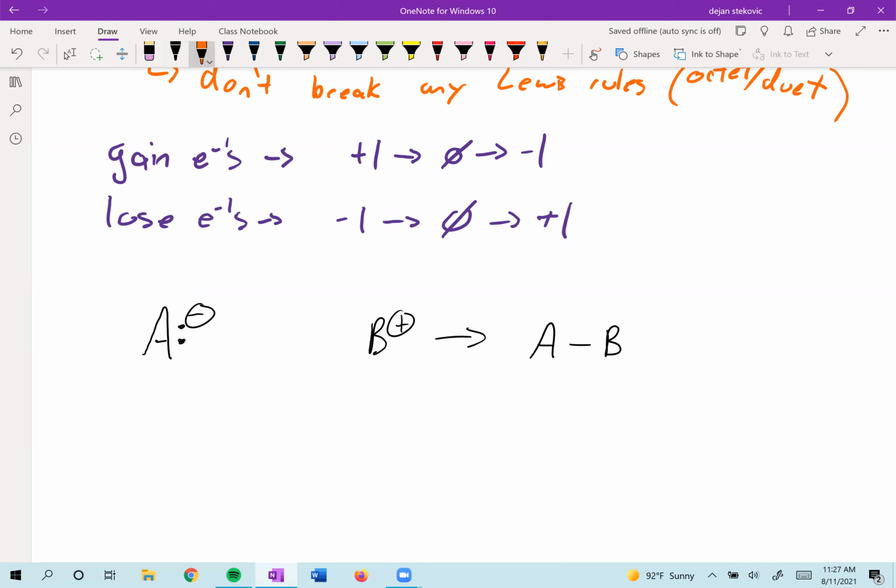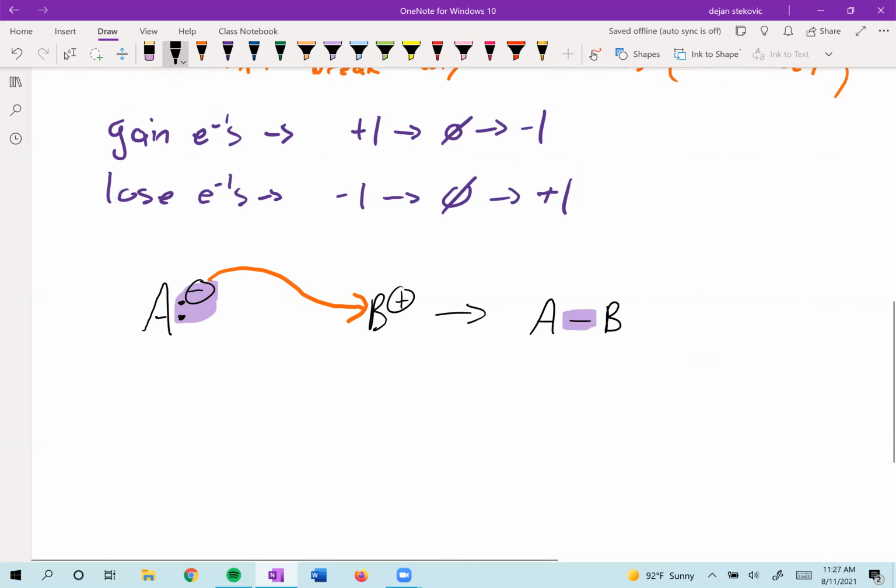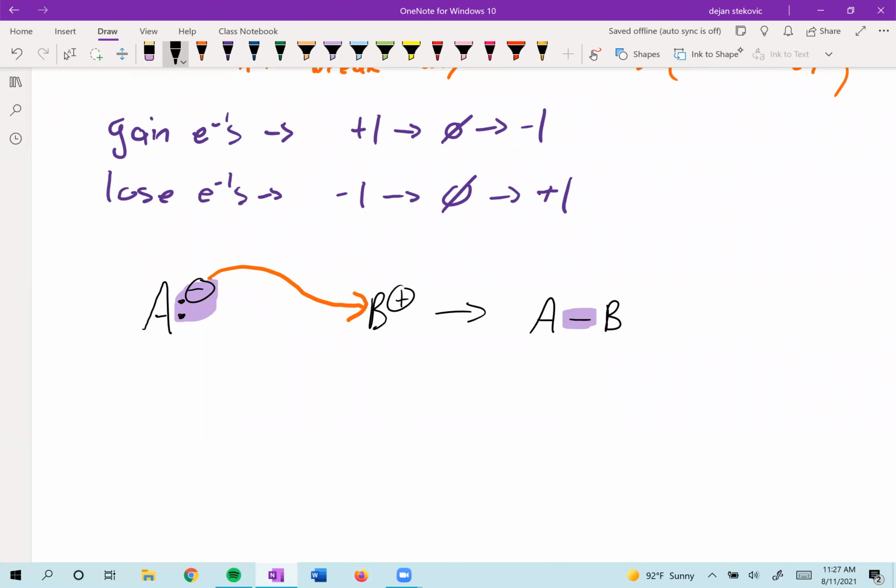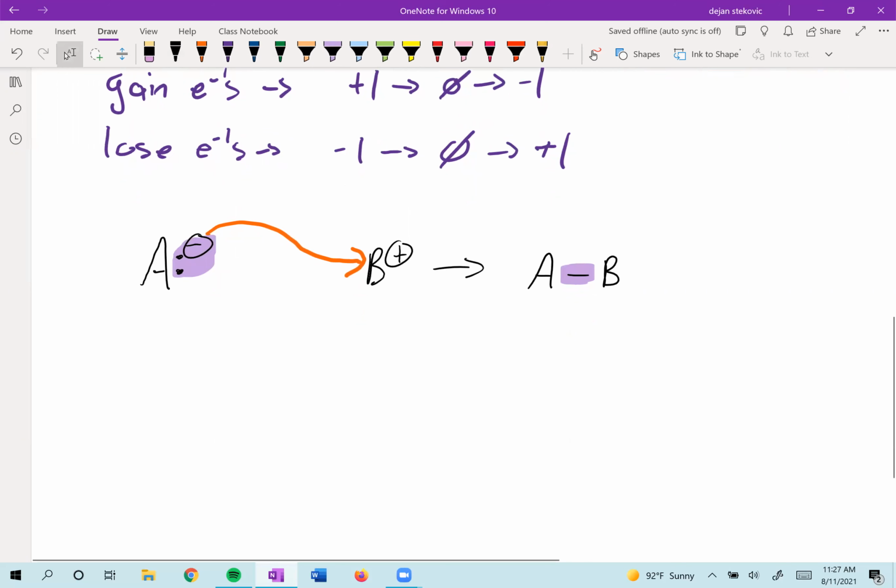And so the way we would show that is the electrons are going to start at the electrons of A and then attack B to form this AB bond. You can see that the electrons in this bond originally came from the lone pair of A. Since A was negative and it lost electrons to form this bond, it goes to being neutral. Since B was positive and gained electrons from this bond, it goes to being neutral as well.